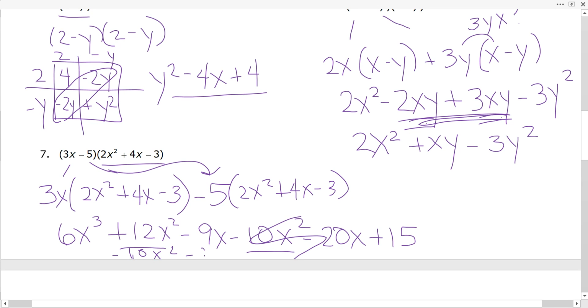And then here's my minus 20x. So when I'm finished, I have 6x cubed plus 12 minus 10 is 2x squared minus 29x plus 15. So it just added an extra term, but it didn't really change what we were doing.